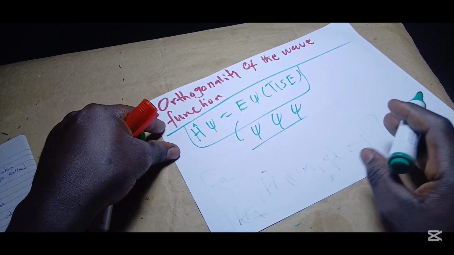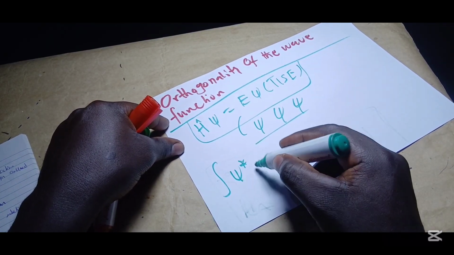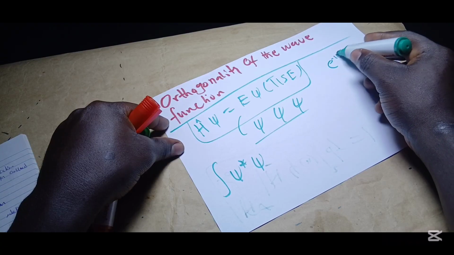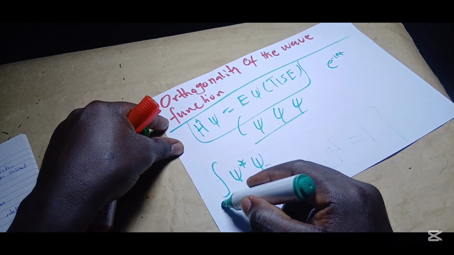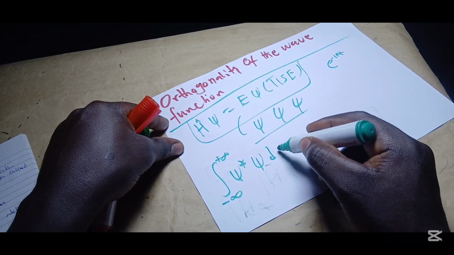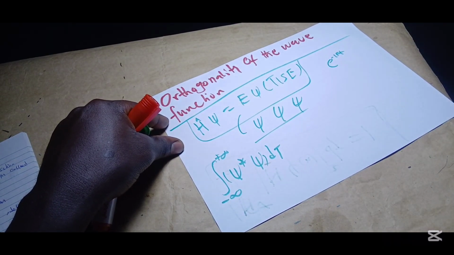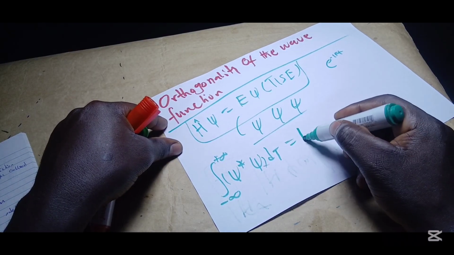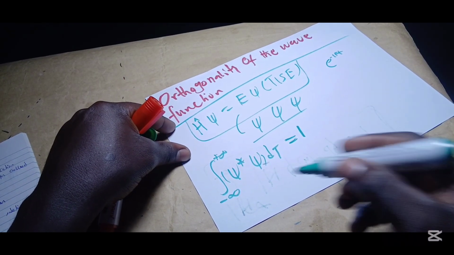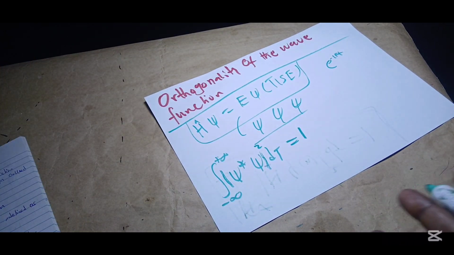From Born's statistical interpretation, if we have a wave function acting on its complex conjugate to get rid of the exponential sign, and we integrate from negative infinity to positive infinity, if the wave function is normalized, it should give us 100% probability of finding a particle in the system. This is just the probability density, the probability of finding a particle in the system.